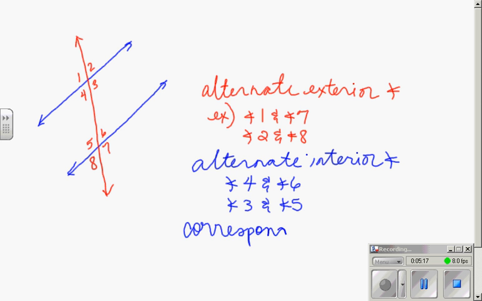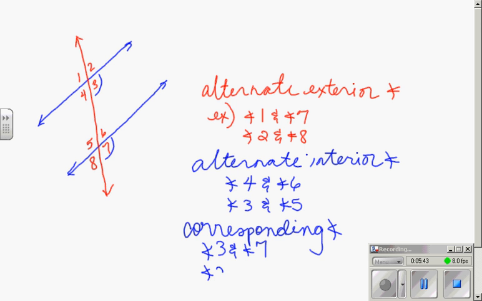And the last term we're going to talk about is corresponding. Corresponding angles sit in similar positions in relation to the transversal and the parallel lines. So for example, 3 and 7 are both below the parallel line and to the right of the transversal.